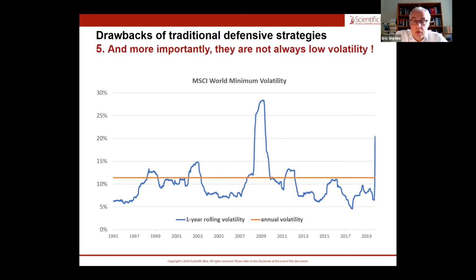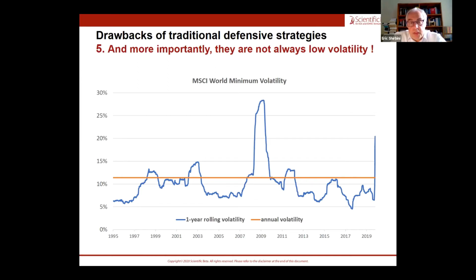The 5th concern is shown very clearly here, is that defensive strategies are not always defensive. So here we show the rolling volatility of the MSCI minimum volatility index. And you can see that during a market crisis, what tends to happen is you get a spike in volatility. Volatility tends to increase. So just at the time where you want this strategy to be defensive, you have a rise in volatility, and that exposes you to a lot of downside market risk.